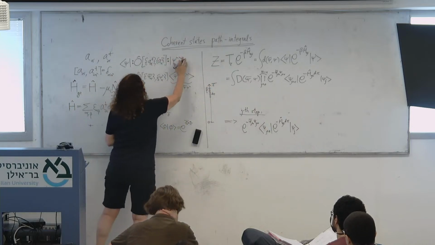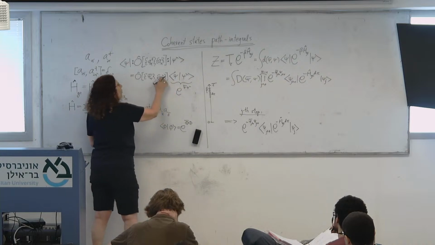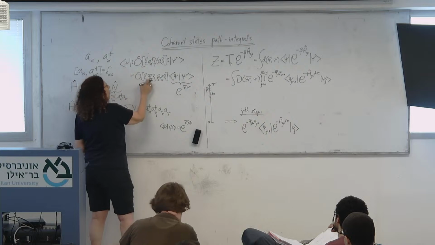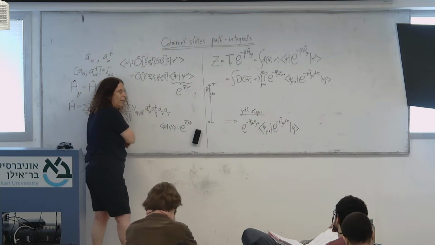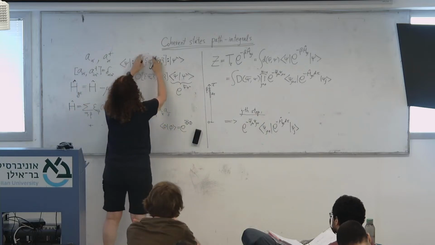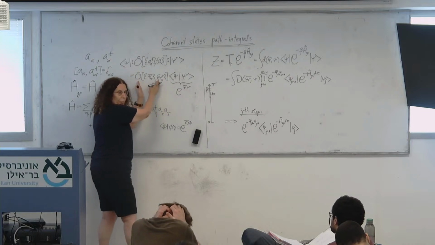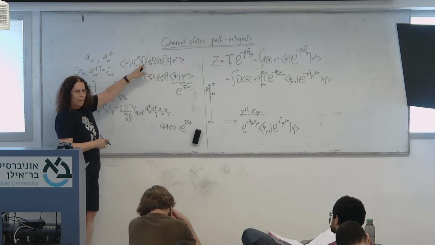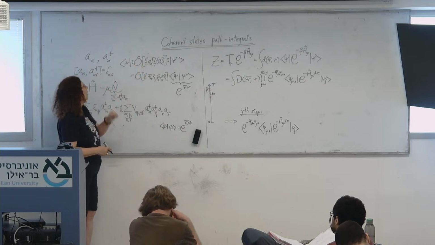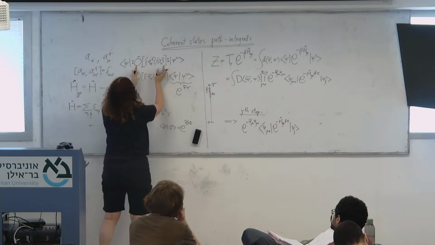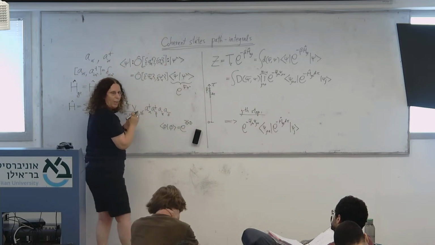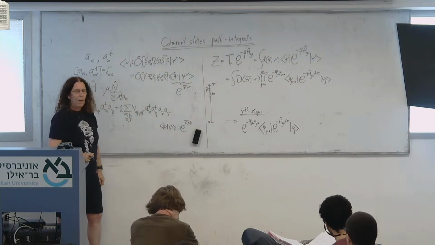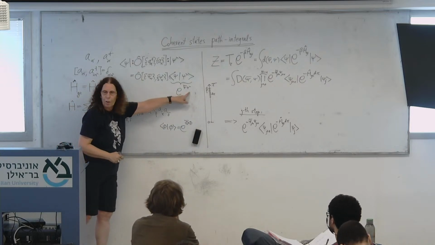All the A's acting on psi prime will just give you psi prime. All the A daggers acting on psi will give you psi bar. And so this will give you some number which has the same form as whatever you had in the expression O. And this number you can take out of the sandwich, and you're still left with the overlap. And this overlap is an exponential.